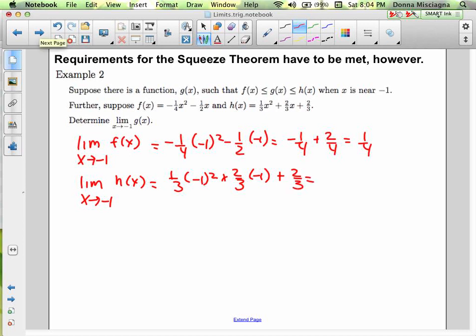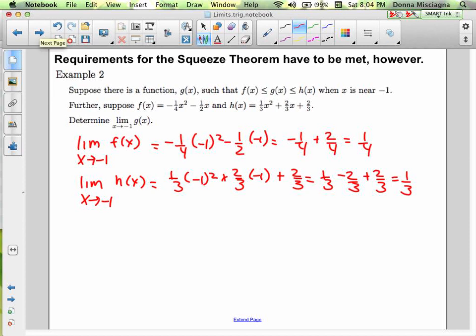All right, so that's going to give us 1/3 plus, that's going to be a -2/3, so I may as well just write minus, plus 2/3. Well, that's equal to 1/3.